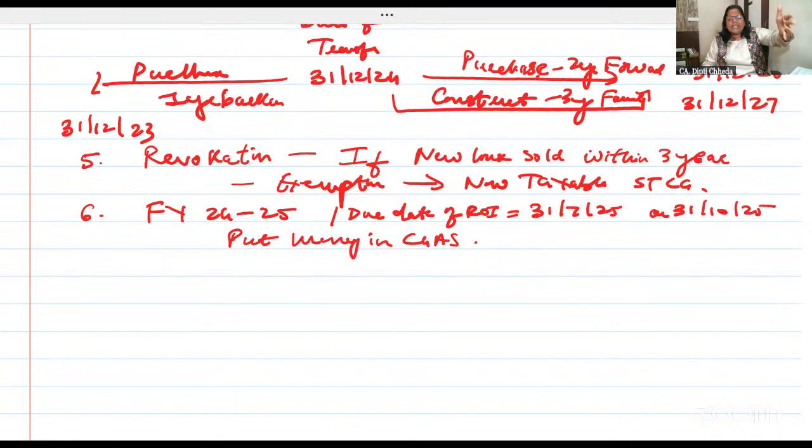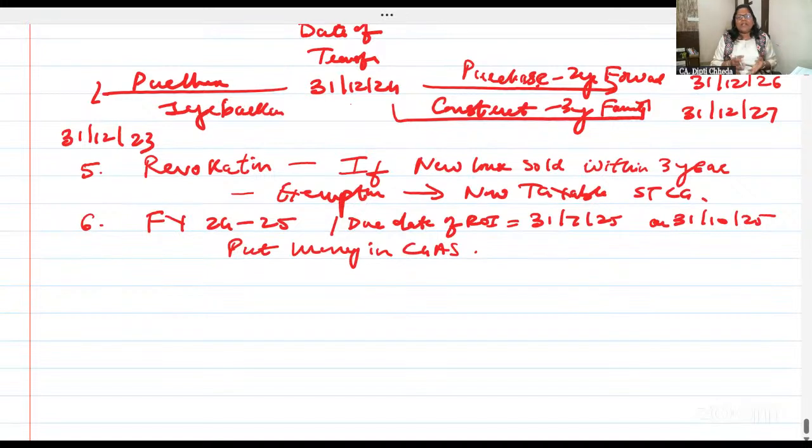What were you doing? Sleeping until now. December 25, if you do, gone. Arey, you had time. December 24, you sold the house. March 25, July 25, October 25, till the due date of filing the return, put the money in CGAS, whatever you want to invest. Put money in CGAS, then only you will get the exemption.